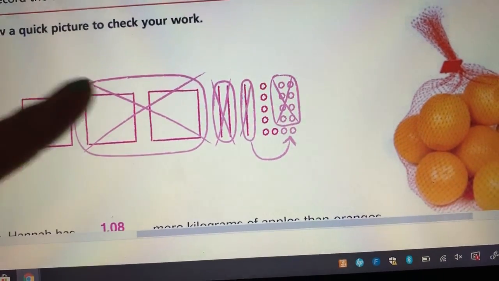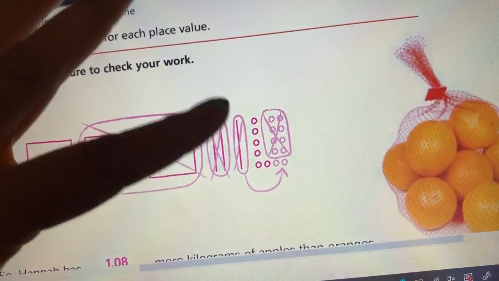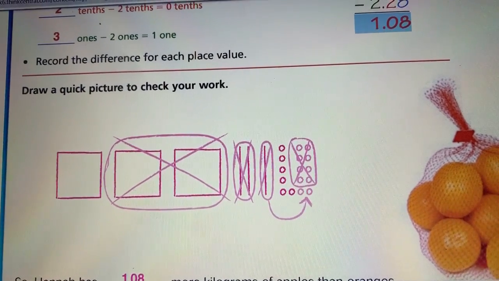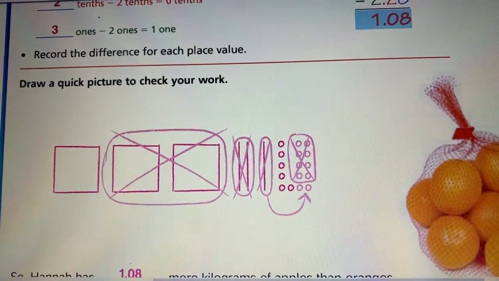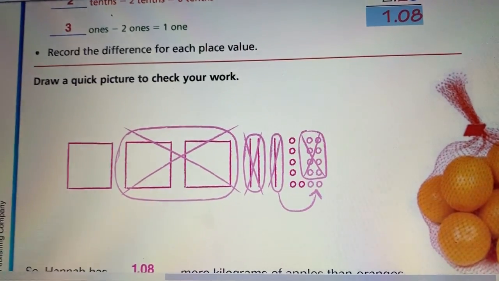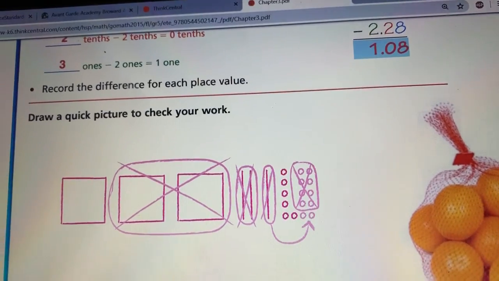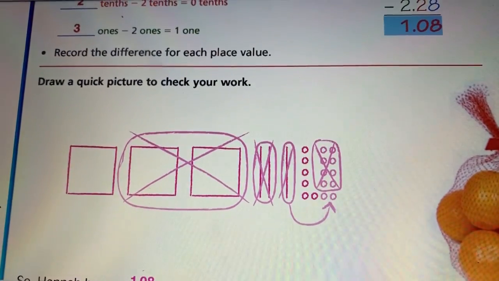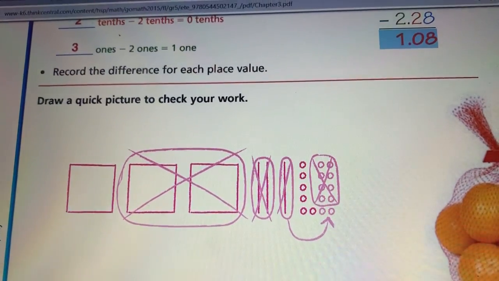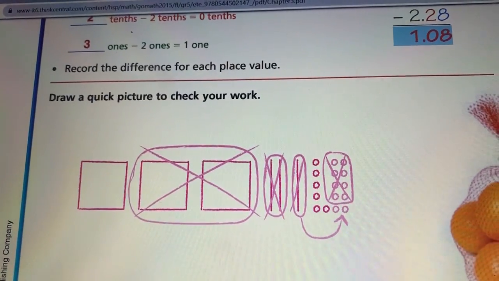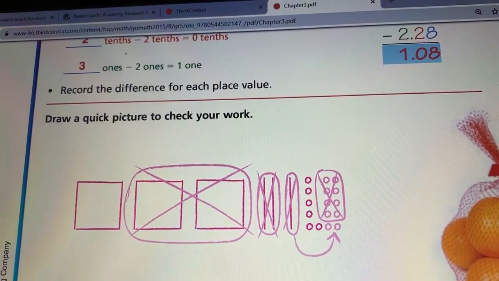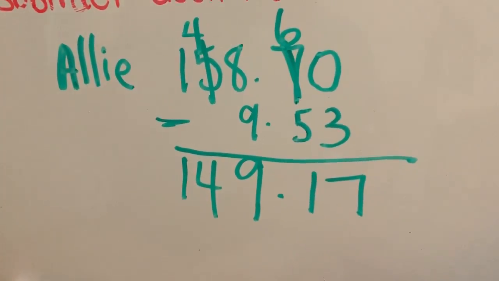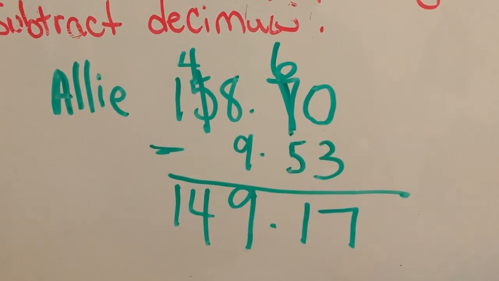How the big squares were 100, the 10ths for the lines, and the individual units for that? Use that if you don't understand how to do your decimals, and that will help you, okay? Because some of you are visual learners and you like those things. So remember when we did that, go back to that method and use it, okay, if you need to. But some of you are past that method and you know how to do it and you want to do it the proper way, lining up your decimals, following the places in the place value.